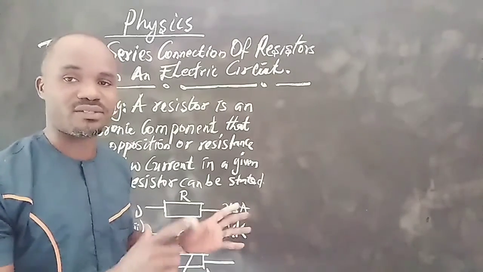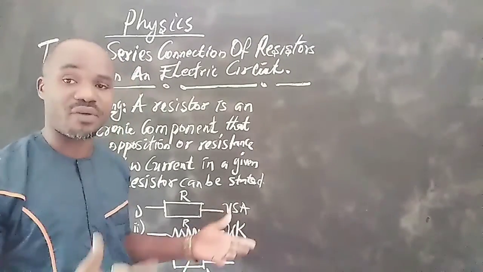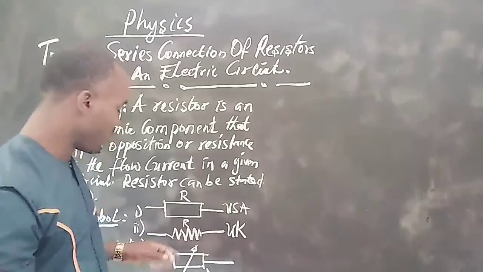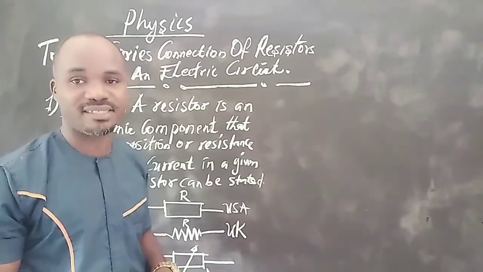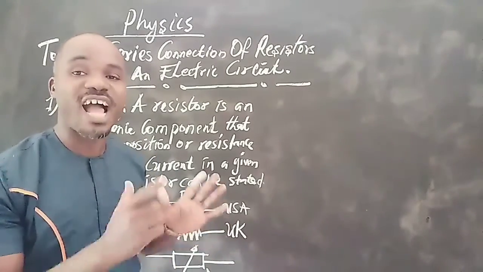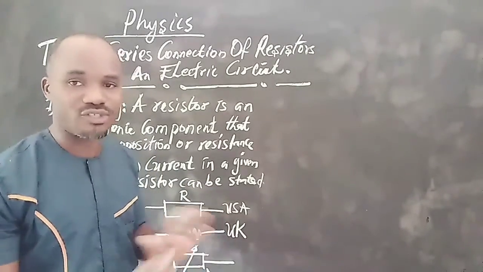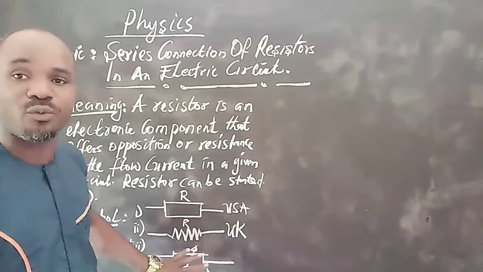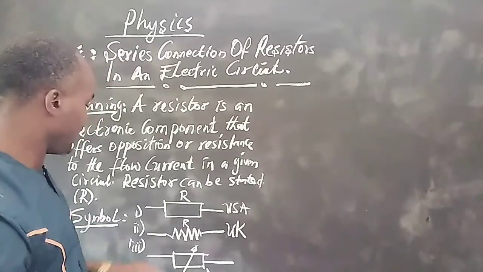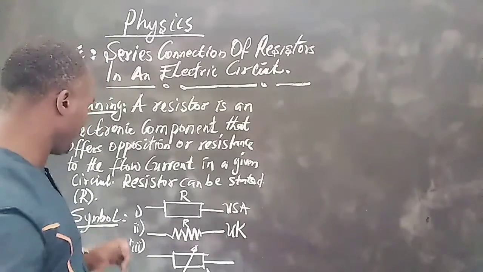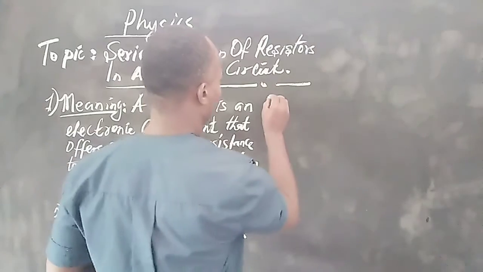It can be varied in terms of its resistance. Then these ones are standard resistors. Standard in the sense that their values have been predetermined. You don't need to change them. But anything within this range can be varied.